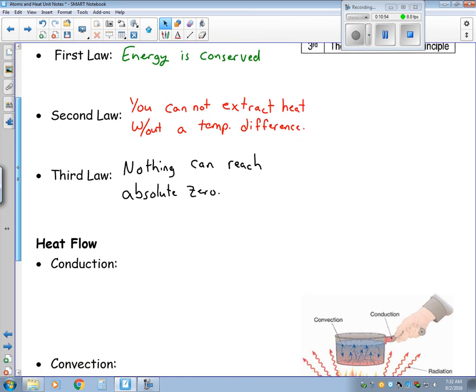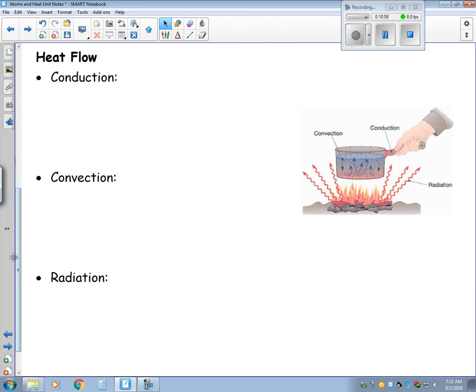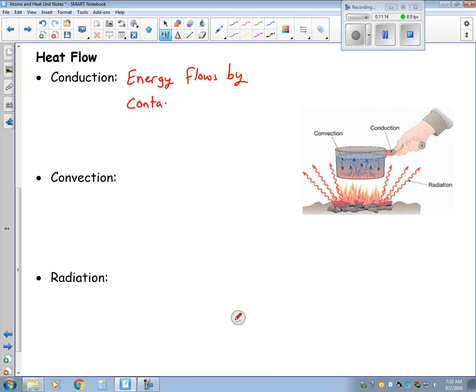Last but not least, let's just take a quick review of the way that heat flows. First off, we have conduction. So this is where energy flows by contact. Convection, this is energy carried by a moving material.